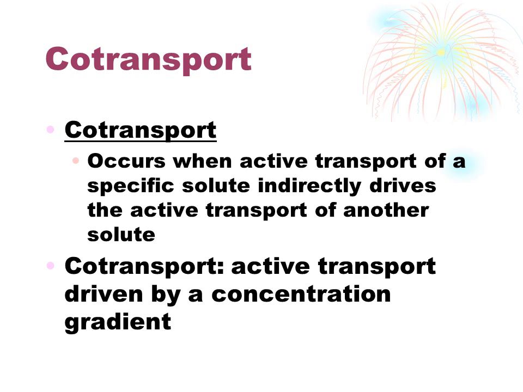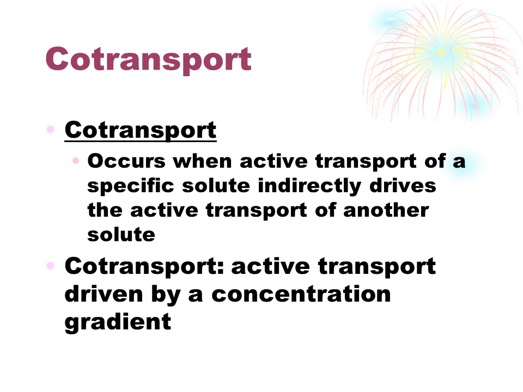Now, sometimes we get this thing called cotransport, and cotransport can be kind of confusing, but let's try to break it down a little bit. It says cotransport occurs when active transport of a specific solute indirectly drives the active transport of another solute. So if we're using energy to transport some molecule, indirectly, that transport is going to also drive the transport of another molecule.